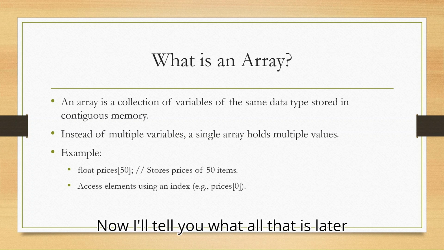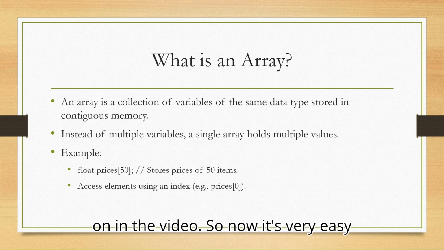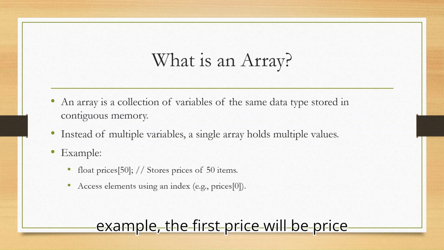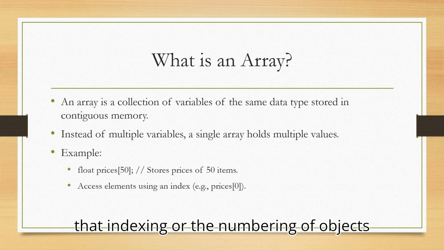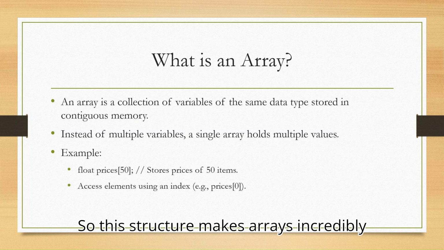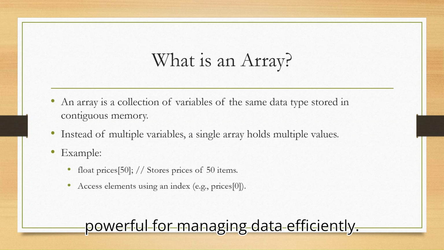I'll tell you what all that is later on in the video. So now it's very easy for us to access the elements, right? For example, the first price will be prices[0]. That's a special thing in arrays: indexing, or the numbering of objects, starts from 0. So this structure makes arrays incredibly powerful for managing data efficiently.